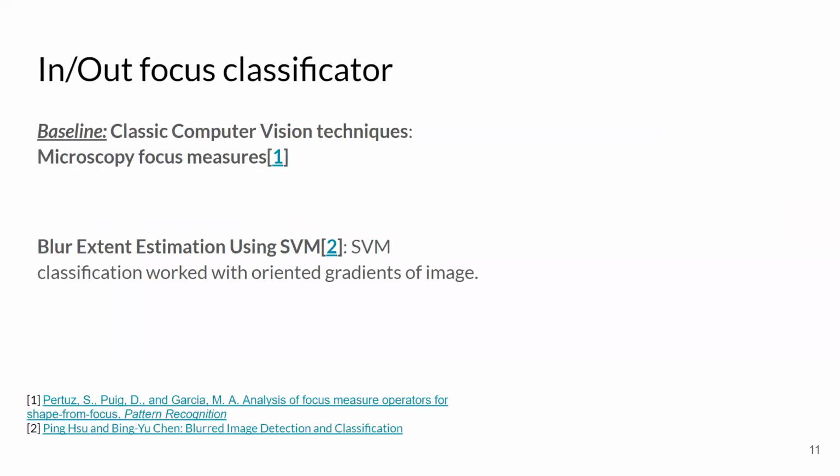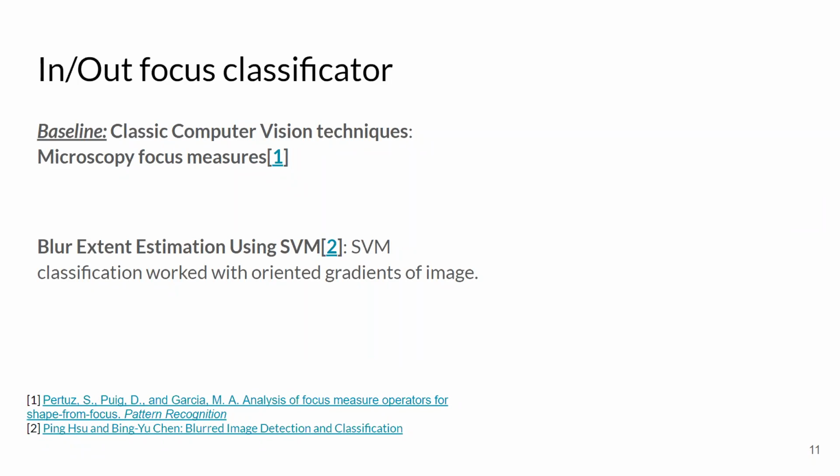We started with a classic computer vision technique, microscopy focus measures. It's a popular way to use focus measure operators that took a strong place in all digital imaging. Authors consider different focus measure operators, classify them into different groups, and measure quality and performance. But unfortunately, results on our test data aren't good enough.